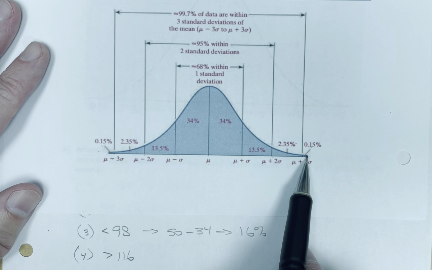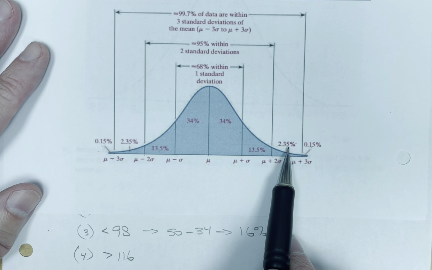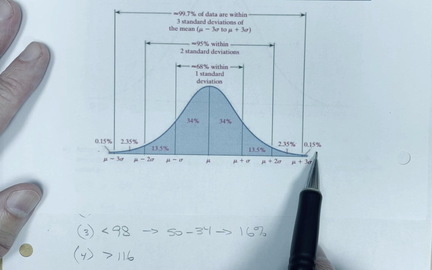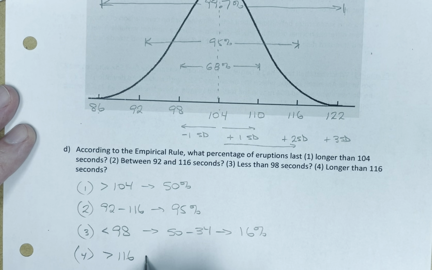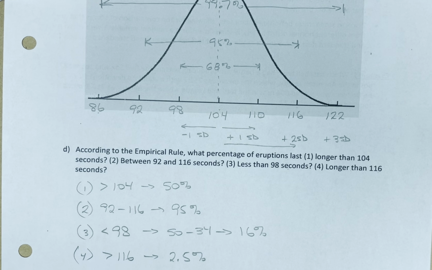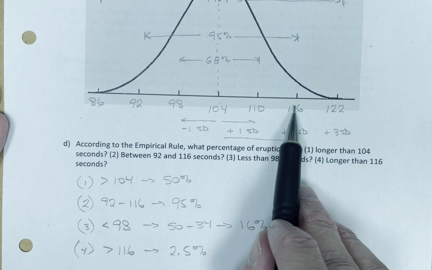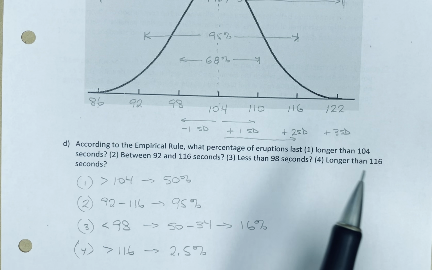This little piece beyond the 3 standard deviations is 0.15. If we add up 2.35 and 0.15, we get 2.5. So we'll make use of that chart to say that 2.5% of the eruptions last longer than 116 seconds.